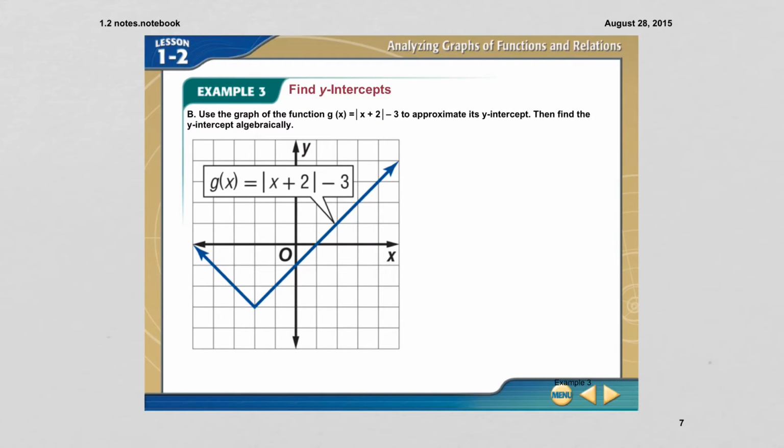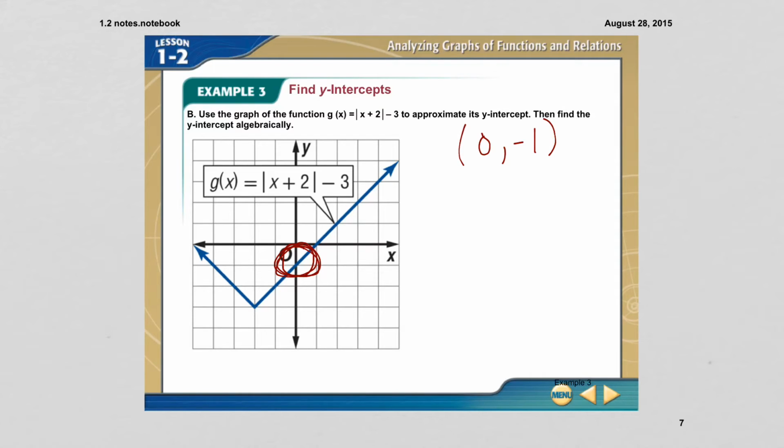Okay, I'm going to find the y-intercept of my absolute value function, and I see graphically all I have to do is look where it crosses the y-axis, which is right here, which is then the point (0, -1).